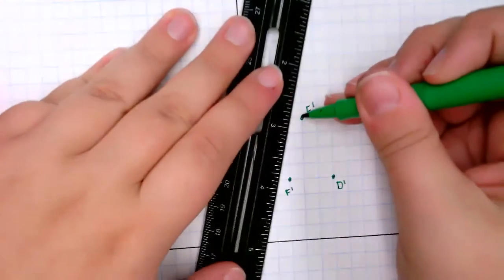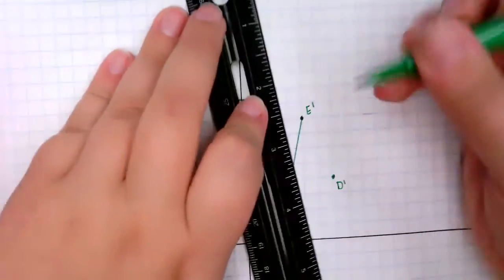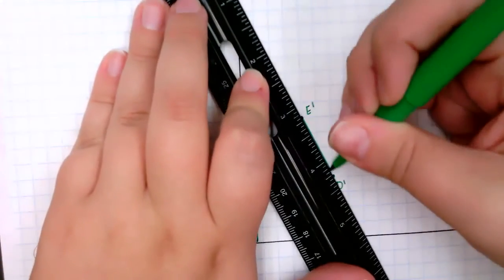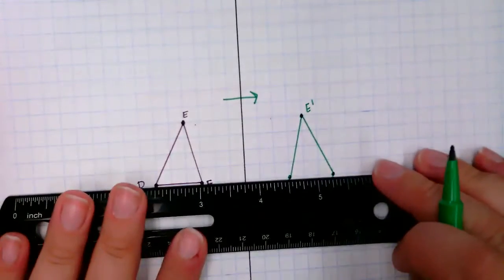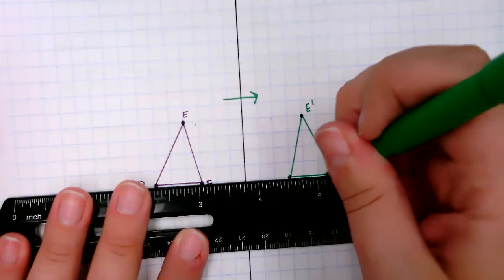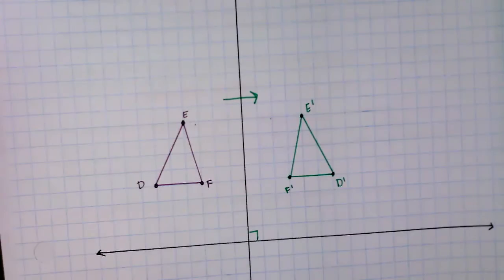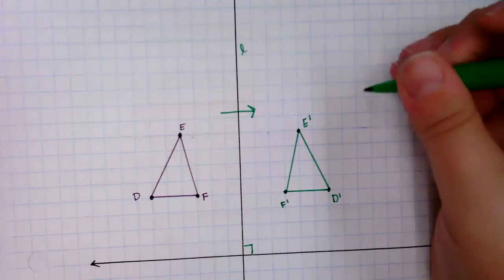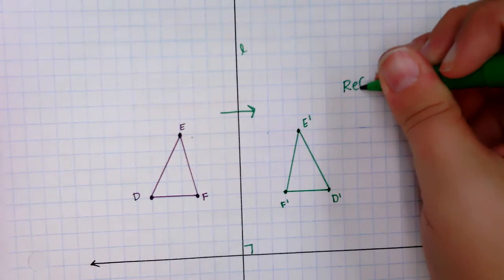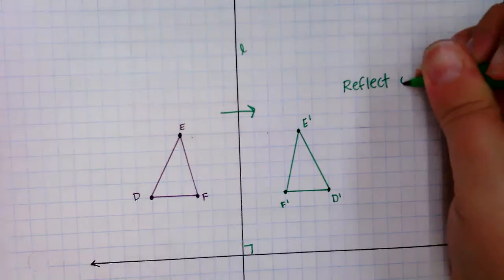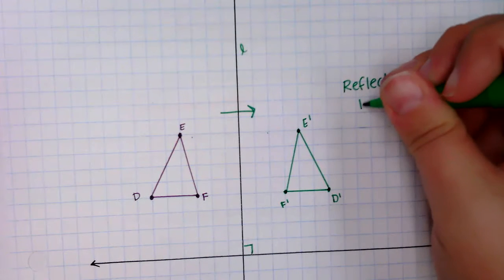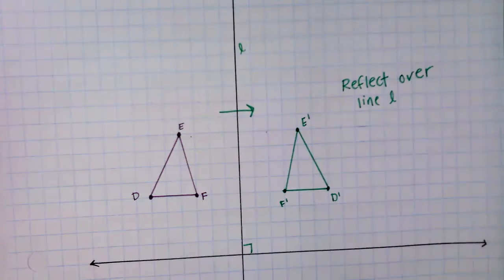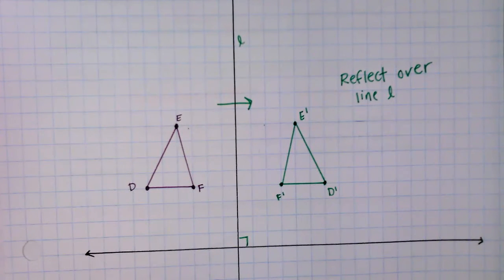And when I connect these, there's our first reflection. And let's label this line L. So that way we can say that this is the reflection over line L, which really could be the y-axis.